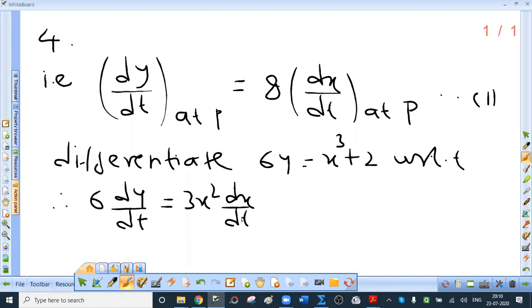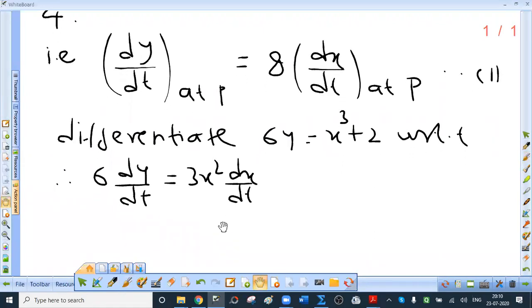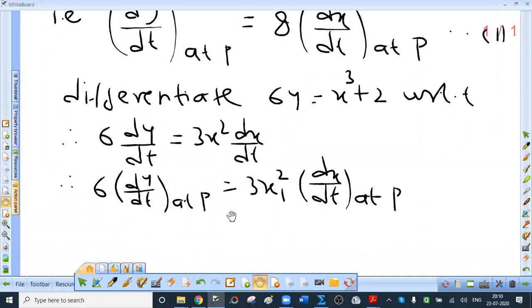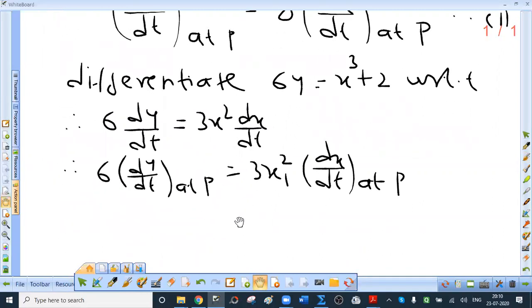Now after this I can say therefore 6 dy/dt at P is 3 x1 square dx/dt, okay, but from 1 tell me what is dy/dt at x equal to P?